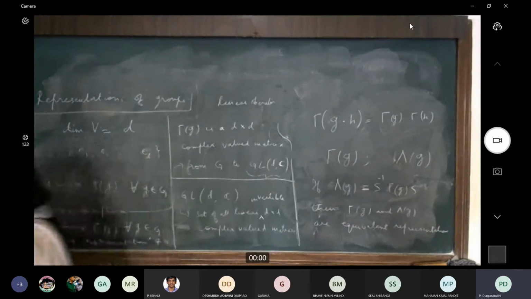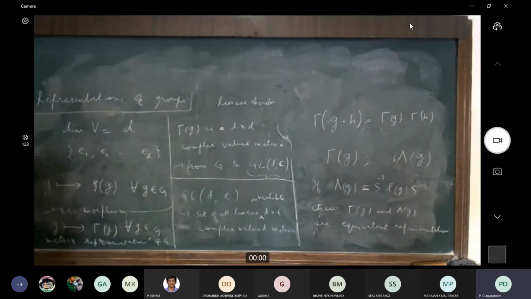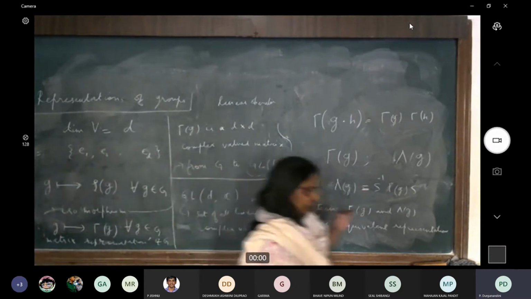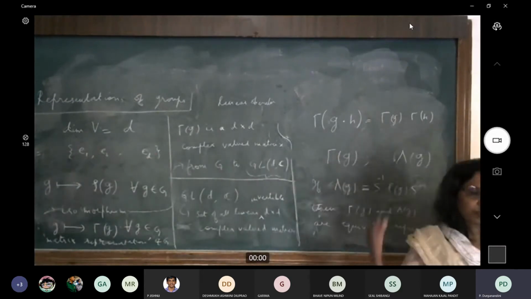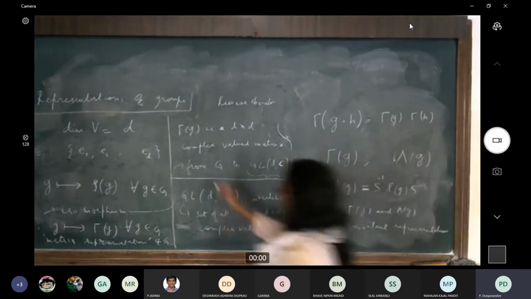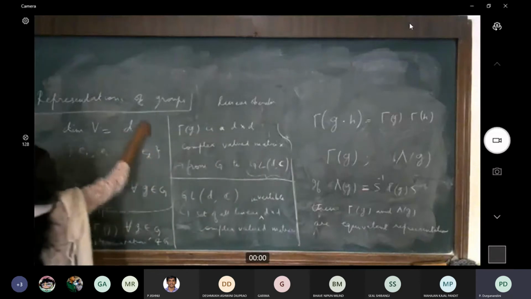So now the whole study boils down to finding all the inequivalent representations. Here I've just taken a particular vector space, but you can take more general vector spaces.